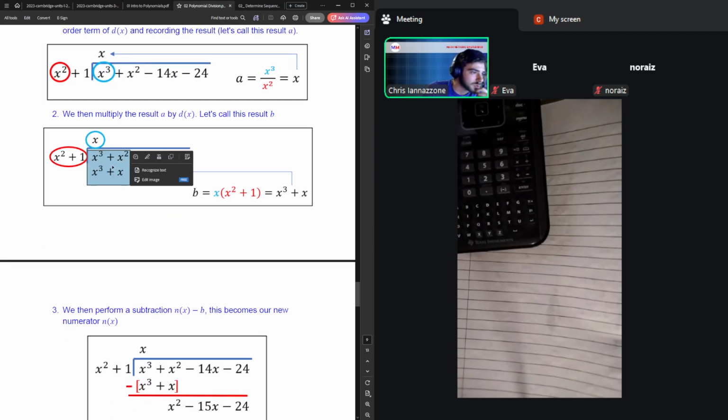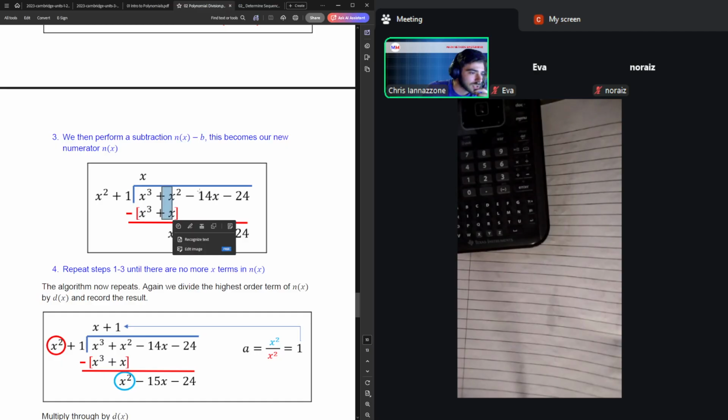And the other nuance would be when you go and multiply this all the way through, unless you're intentionally spacing things out, your nice and neat vertical lines are going to start being not so nice and neat. So one thing you could potentially do would be to put a placeholder of 0 in here and then write the x over there, just so that when you do your subtraction, you can look directly down vertically.